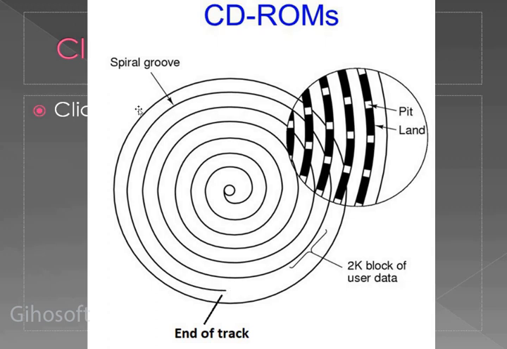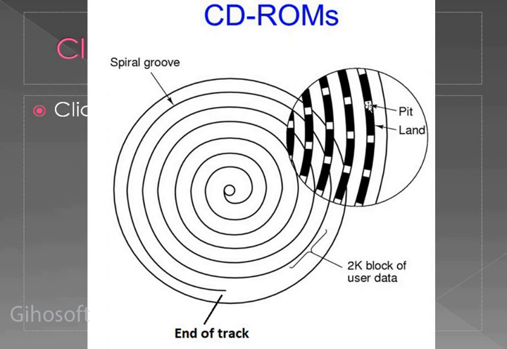Now this is a DVD or a CD, and on it, as you can see, there is a spiral track. It starts from the center and gradually moves towards the end of the disc. Now this is a pit and this is a land, or a bump.